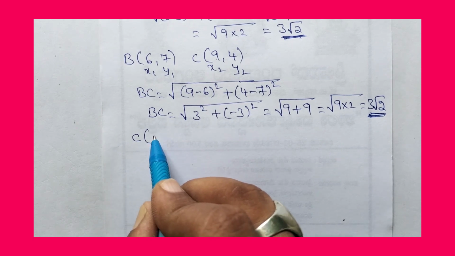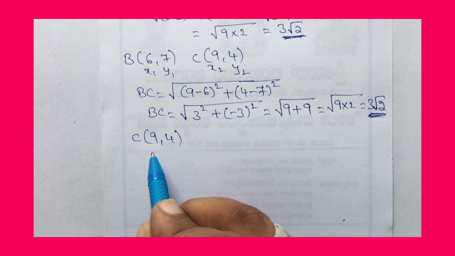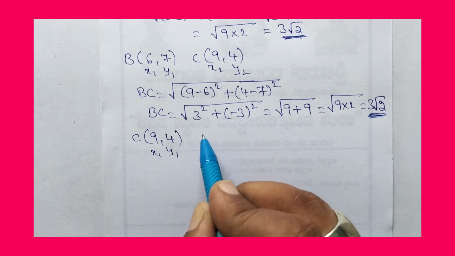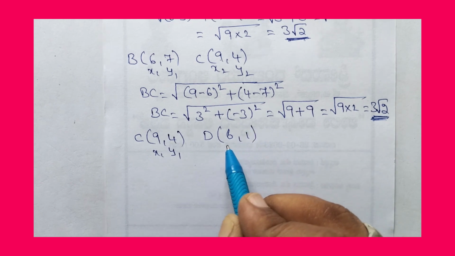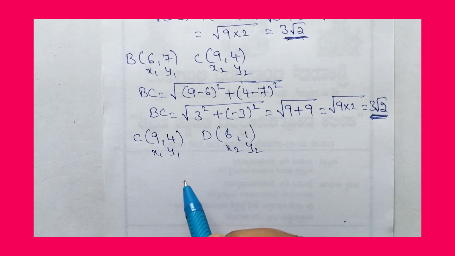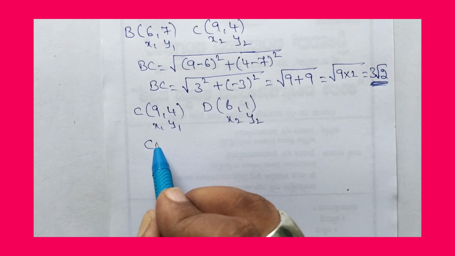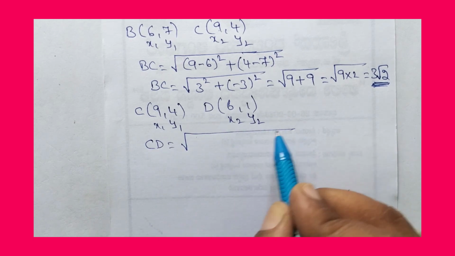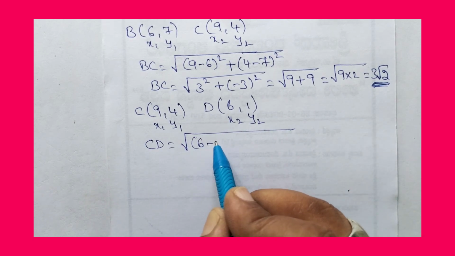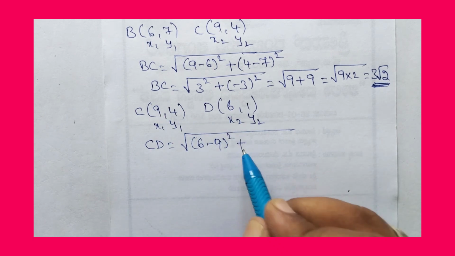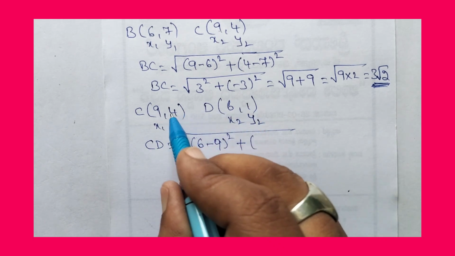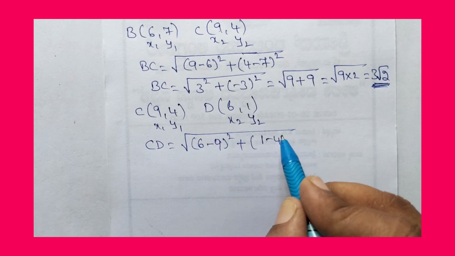So C's coordinates are 9 comma 4, x1 y1, and D's coordinates are 6 comma 1, x2 y2. So use the distance formula. So CD is equal to square root of 6 minus 9, x2 minus x1, 6 minus 9 whole square plus 1 minus 4 whole square.